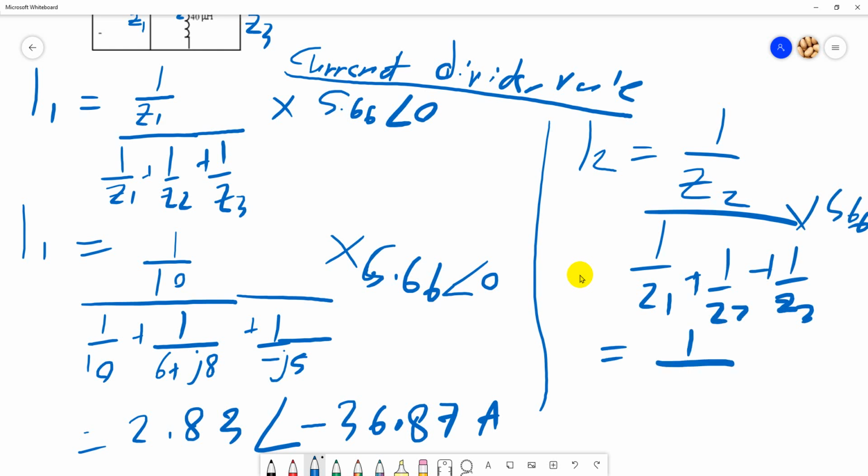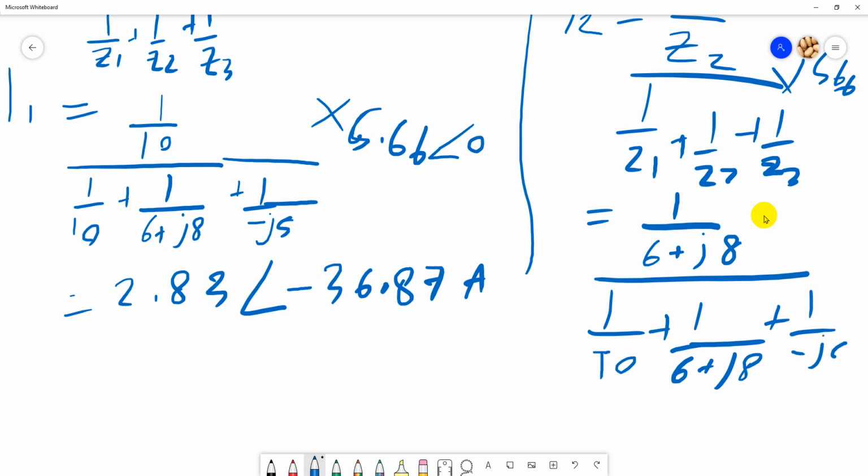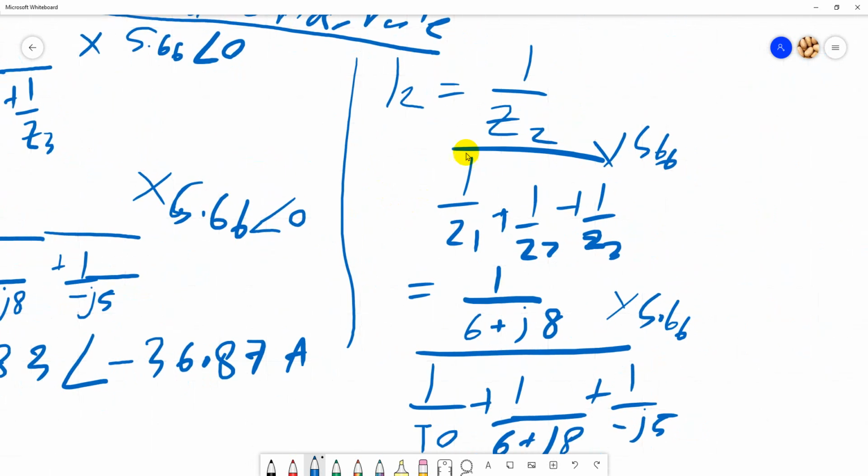So 1 over 6 plus J8, divided by 1 over 10 plus 1 over 6 plus J8 plus 1 over negative J5. So multiply by 5.66. So that is how you get this.